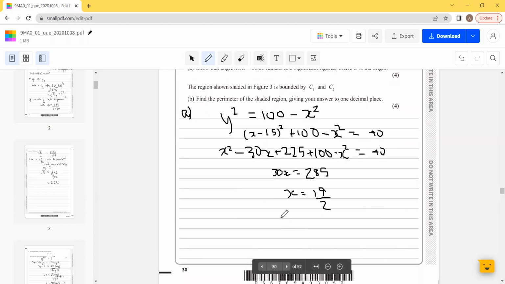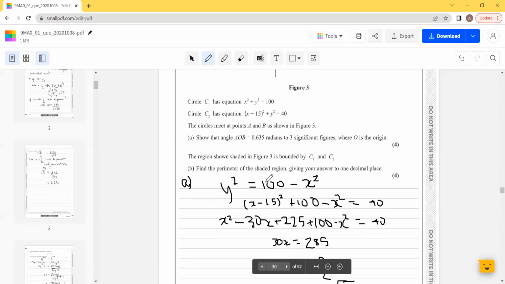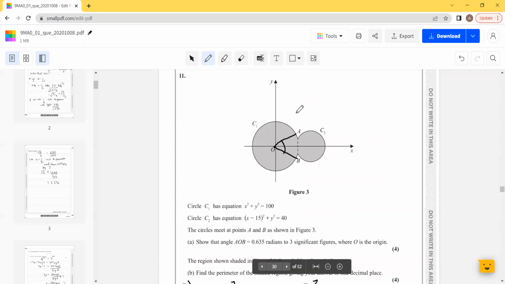Okay, so we can now re-substitute to find y, and you would get that y is equal to root 39 over 2. So now what we can do is we can say that since these are circles, the coordinates of A are 9.5, root 39 over 2.